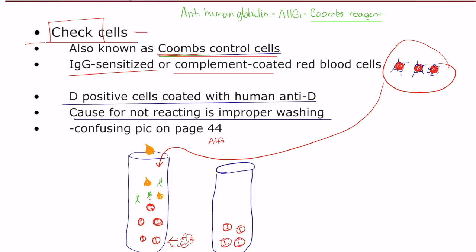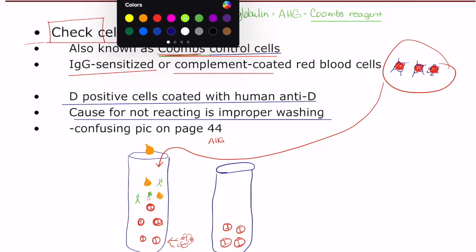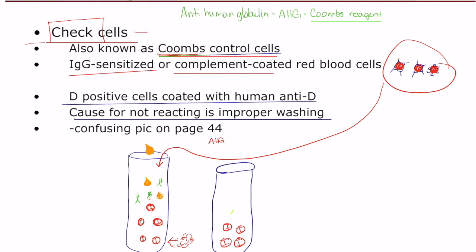Okay, so let's put it back in there. We'll put our anti-human globulin in here. There it is. Oh, I picked a different green. Sorry about that. Okay. And let's go back and let's get these cells.